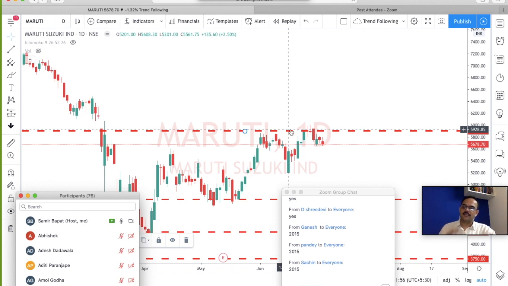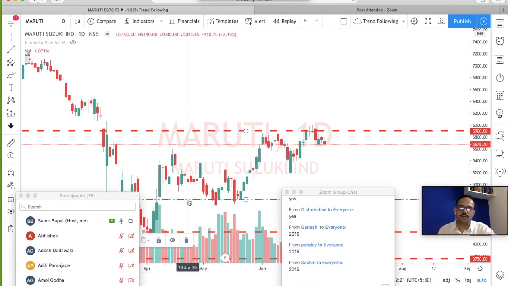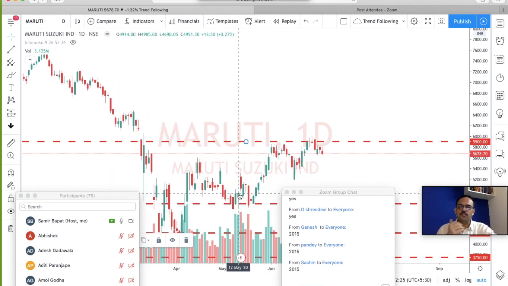That is the magic of support and resistance when we follow these rules: it should have hit 3 times, acted as support and resistance, keep a gap of 10%, plus 10 to 15%. If we follow these basic rules, we will be able to draw very clearly. It's not rocket science. We can draw it properly, and we can trade based on those. We don't have to be too dependent on others.